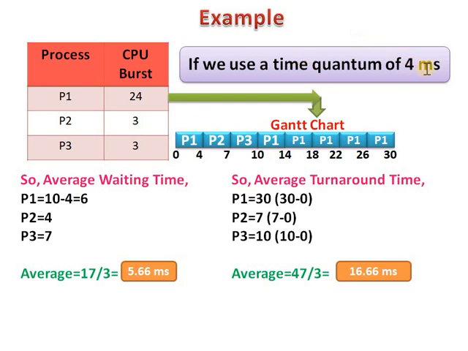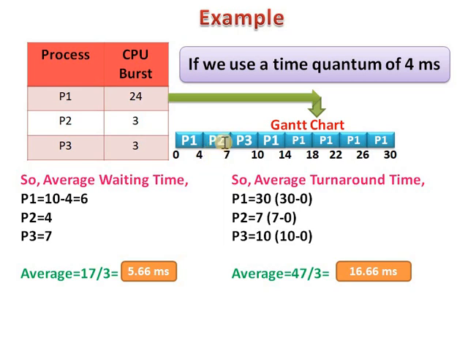Our time quantum is 4 milliseconds, so process P1 is executed for up to 4 milliseconds. After that, the execution of process P1 is suspended, and control is transferred to process P2. Process P2 could run up to 4 milliseconds, but its burst time is 3, so P2 is executed from 4 to 7.